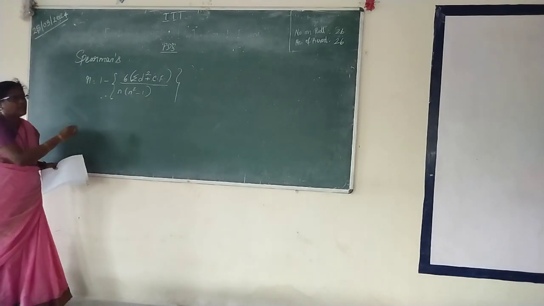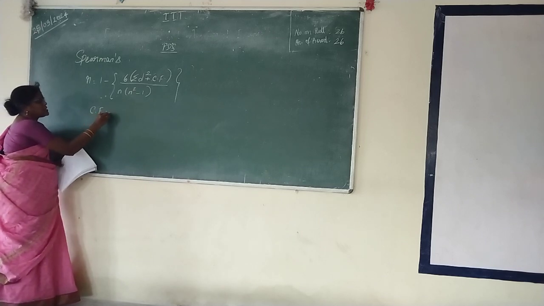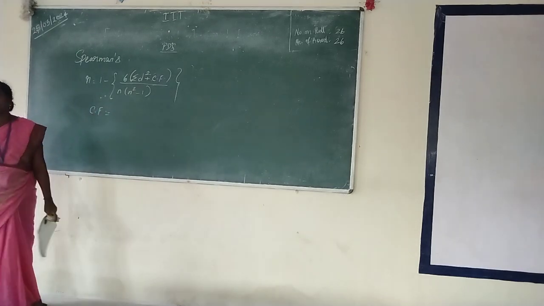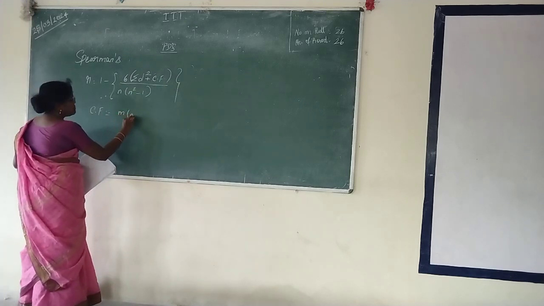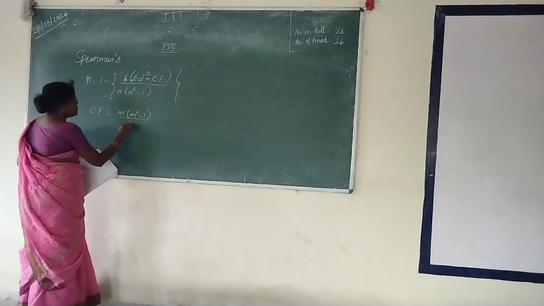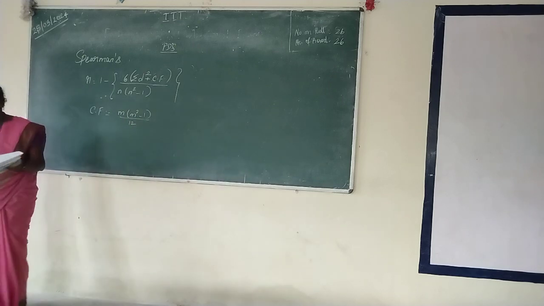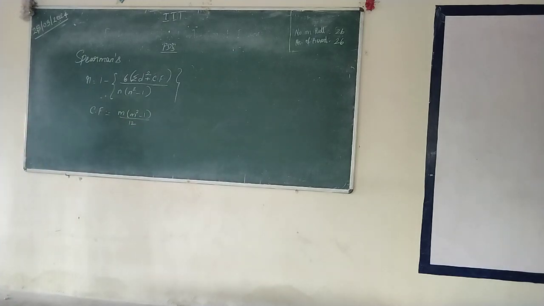Note down where C.F. is equal to m into m square minus 1 by 12.